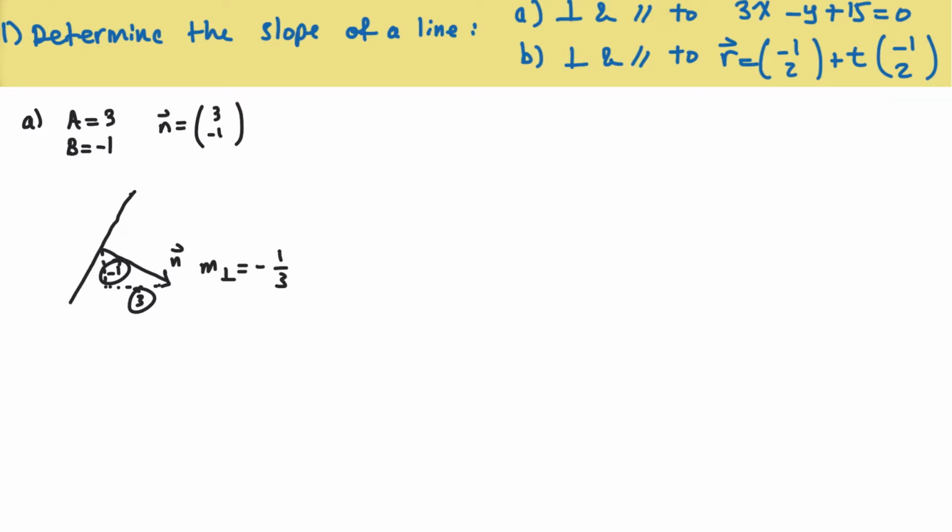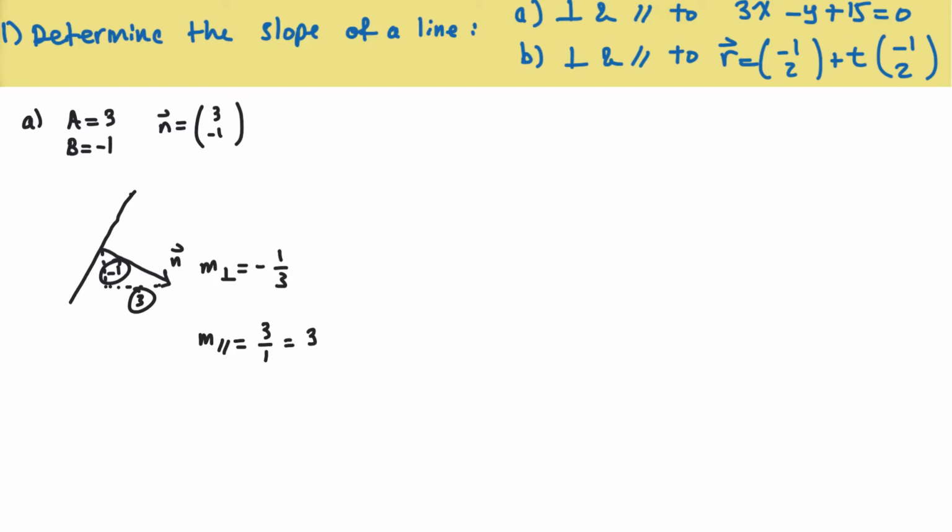And the slope of a line which is parallel here is going to be the negative reciprocal of that. Taking the negative reciprocal of negative 1 over 3, the negative cancels out, and we take the reciprocal of 1 over 3, which becomes 3 over 1, or simplified to 3.